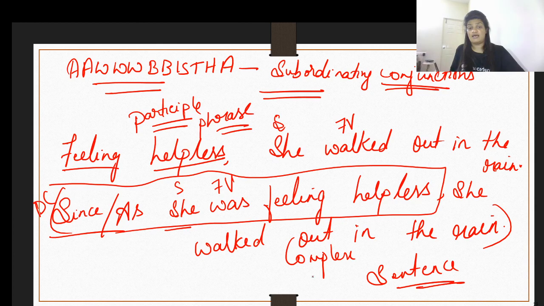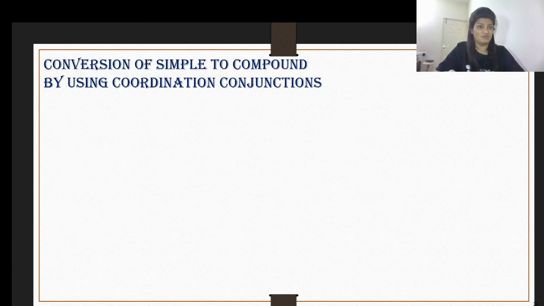So this is how we have converted simple sentences into complex sentences. Now the next one is to convert simple sentences into compound sentences. So what conjunctions do we use when it comes to compound sentences?